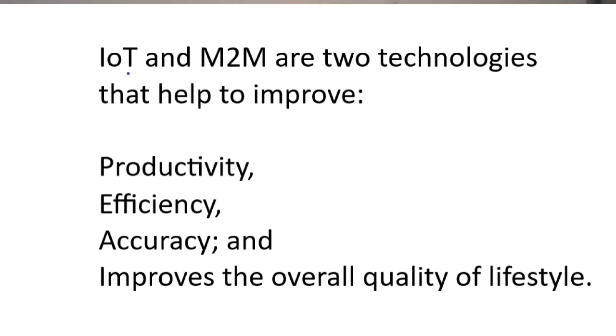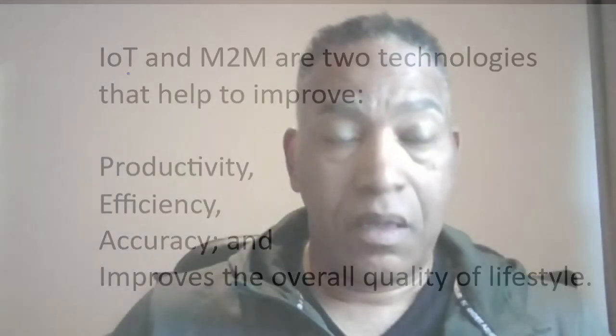However, M2M and IoT are very similar. So for all these things that make them different, I need you to understand and remember that they're very similar. Just as a refresher, M2M is connected or wired. IoT is wireless. M2M is connected, wired, or wireless. IoT devices are wireless.